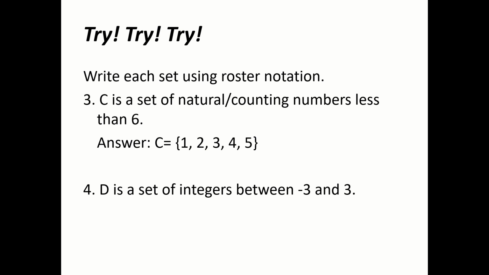Fourth example, D is a set of integers between -3 and 3. So, what are the elements or the members? Again, elements and members are synonymous, but in math, we will be using the word element instead. So, the elements here are -2, -1, 0, 1, and 2.